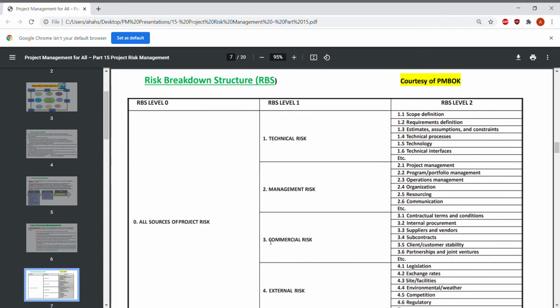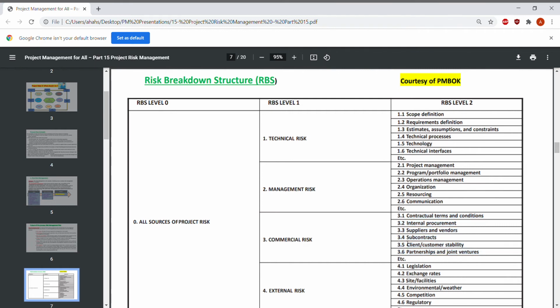The commercial risk could be from contractual terms and conditions, internal procurement, suppliers and vendors, subcontracts, client or customer stability, or partnerships and joint ventures.